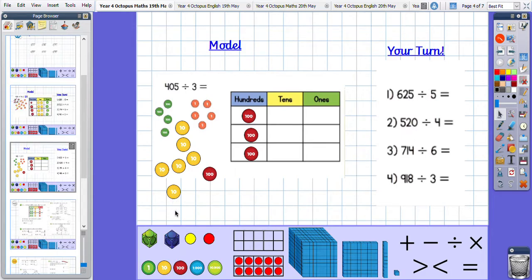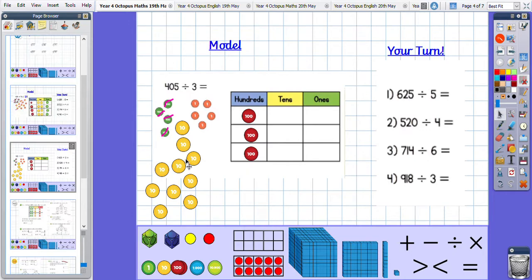5, 6, 7, 8, 9, 10. And then I can take this away because I've used it, I've exchanged it. So I have used my 4 hundreds because I have 3 in my grid and I have exchanged one of them for 10 tens.